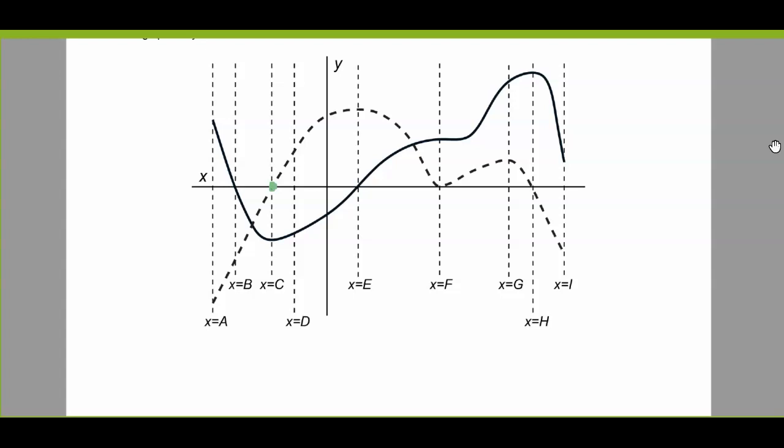If the derivative goes from negative to positive, then at x equals c, if h of x goes from negative to positive, then x equals c is a local.